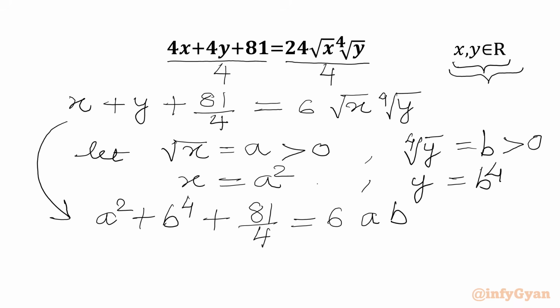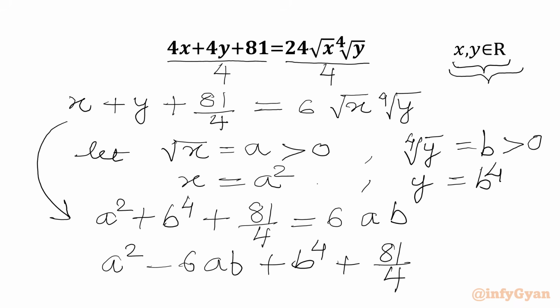Now we will take all the terms to the left hand side. A square minus 6ab plus b power 4 plus 81 over 4 equal to 0.